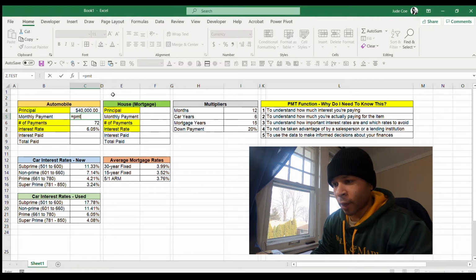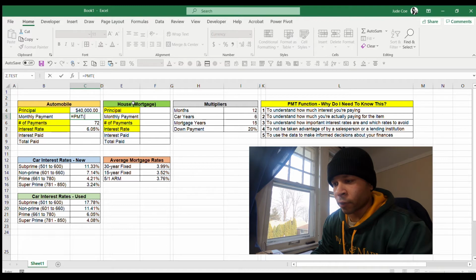You can press tab and it'll automatically put the parentheses and start the formula for you, or you can type the parentheses and it'll start the formula for you. Either way, you'll be good to go. So first, what we have here are the arguments, and Excel calls these arguments. You have to put in arguments in order for Excel to return the answer that you want it to return for you.